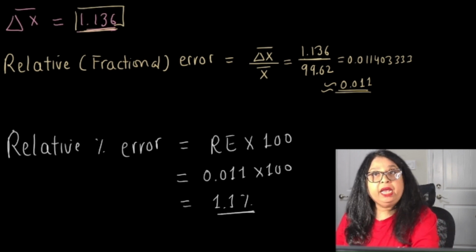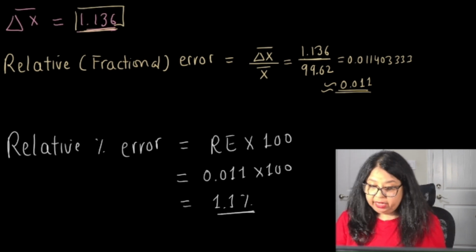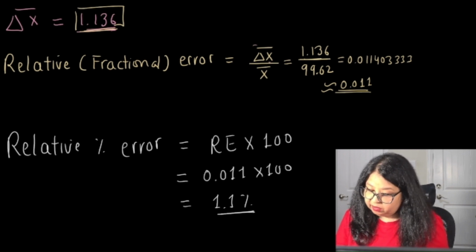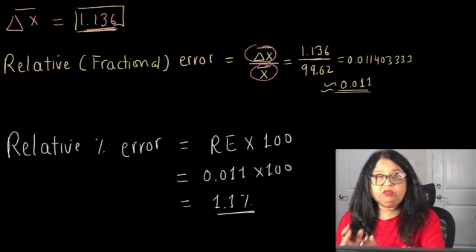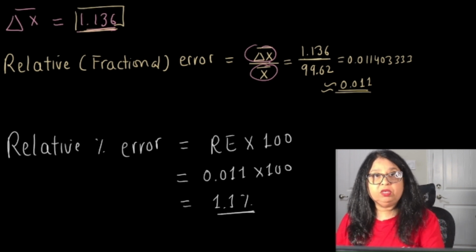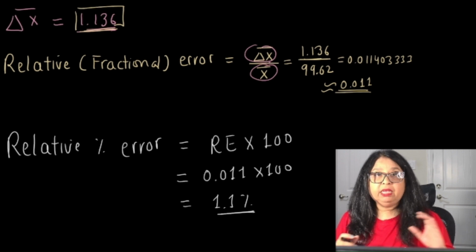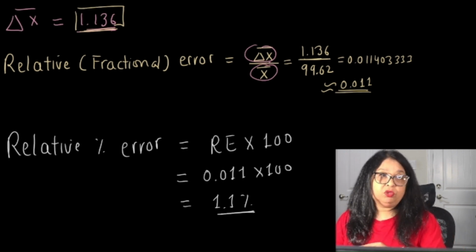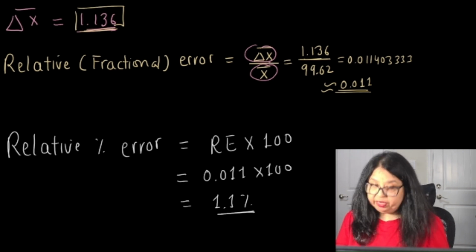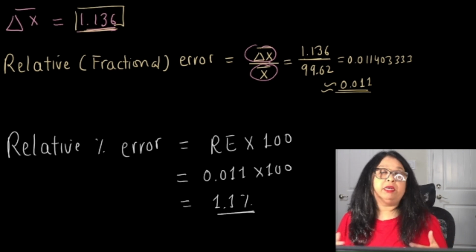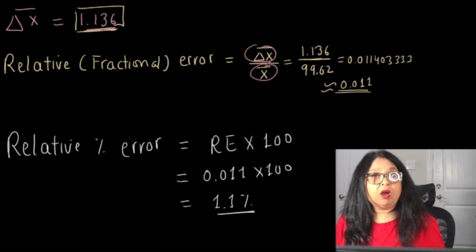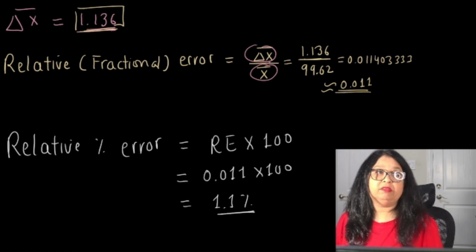But had it had any units, then when we divide delta x bar by x bar, the units of delta x bar would cancel out the units of x bar, leaving the relative error with no units. And if relative error has no units, then the relative percentage error, which is just the relative error times 100, will obviously have no units.